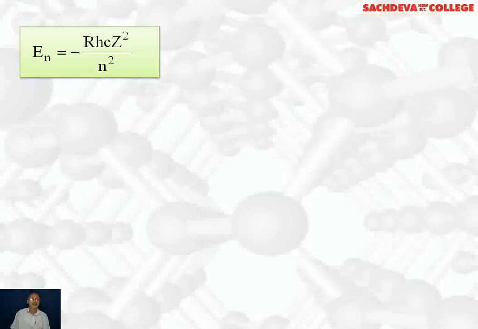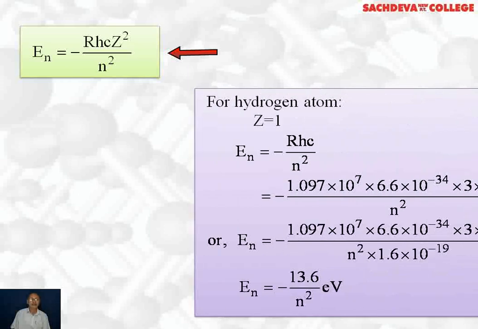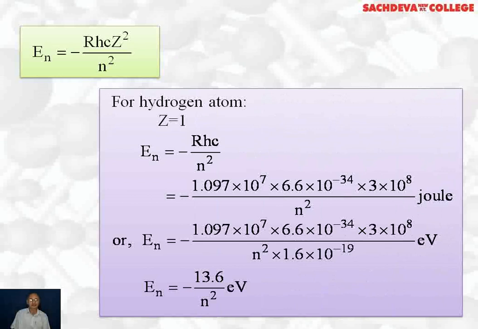Energy can also be written as minus R h c z square divided by n square, where R is the Rydberg constant. For hydrogen atom, when z is equal to 1, En is equal to minus Rhc divided by n square. Rydberg constant is 1.097 into 10 to the power 7 meter inverse, h is 6.6 into 10 power minus 34, and c is 3 into 10 to the power 8 meter per second.